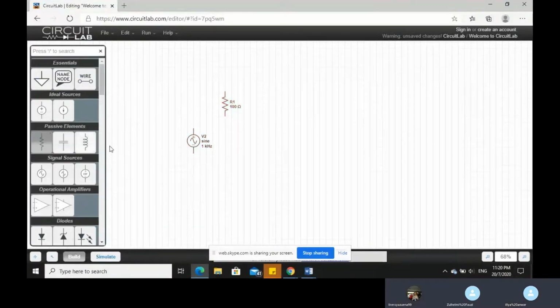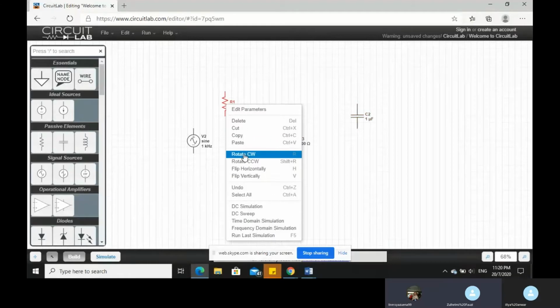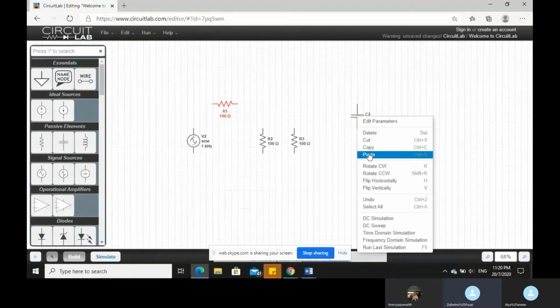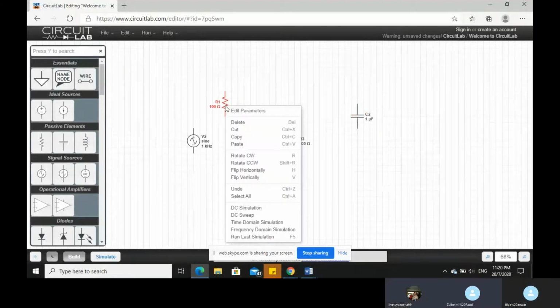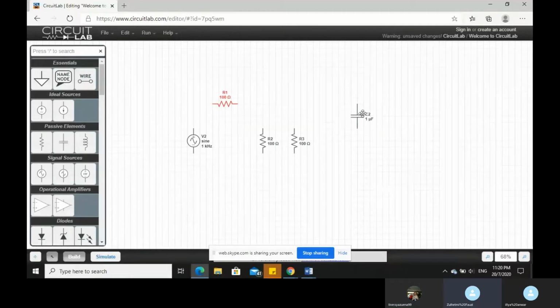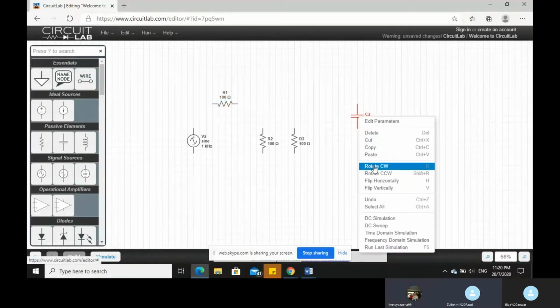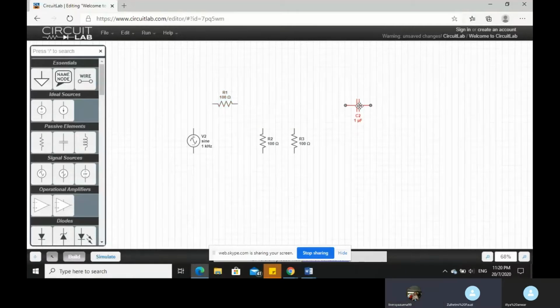Okay. What we need here is the power supply, where this power supply is 5 volt, and we need three types of resistor, which are R1, R2, and R3, where the three resistors have different resistance.